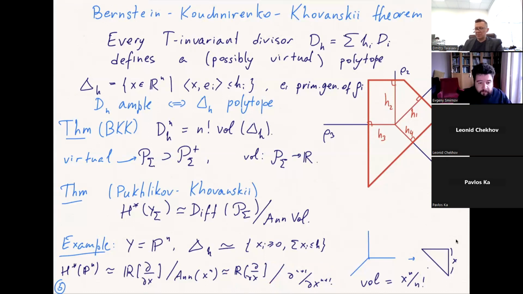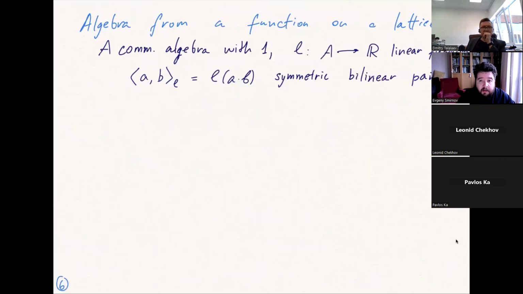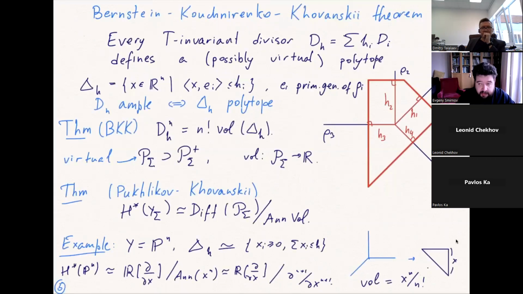Well, so that's how this theorem works in the most basic case. Okay, and that's what we intended to generalize. And the generalization of this story is that we wanted to pass from the cohomology ring to K-theory.